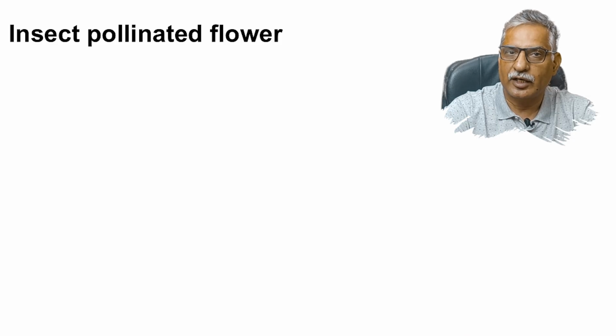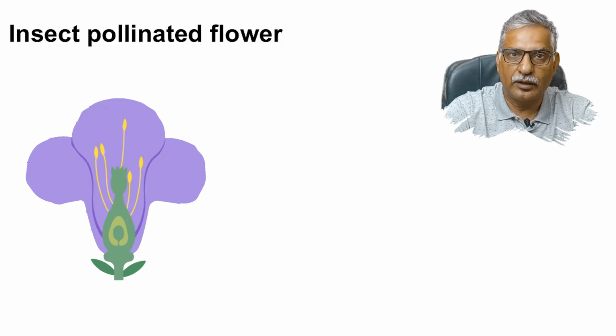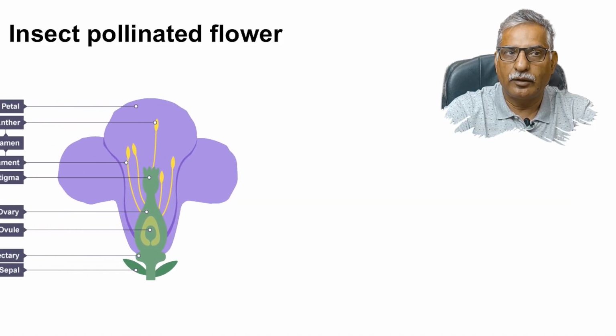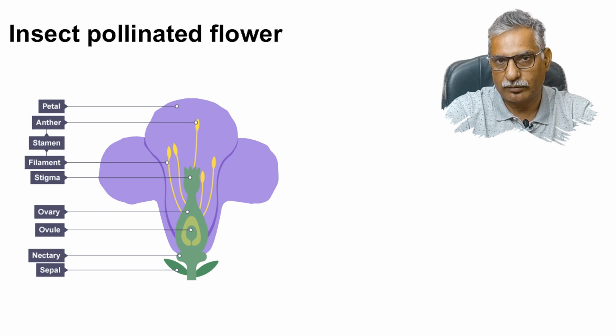As these insect pollinated flowers need to attract insects, they are provided with colorful petals, brightly colored petals that attract the insects. And these flowers are fragrant as well, meaning they release a pleasant odor into the surroundings. So that is also an attraction.